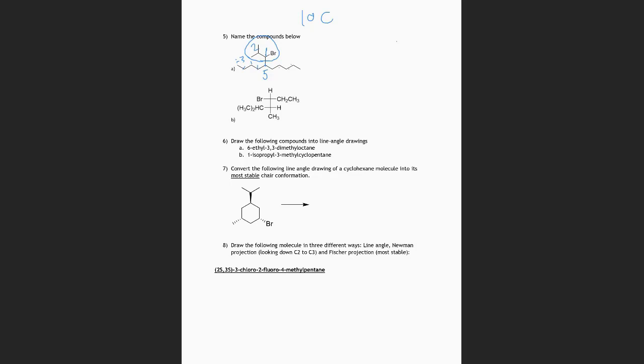Let me expand that a little bit. So with the complex substituent, this carbon is always going to be 1. So we can say 1, 2, 3. We could also say 1 isopropyl, but that gets a little confusing, so I'm just going to keep it like this. So our total is going to be 5.